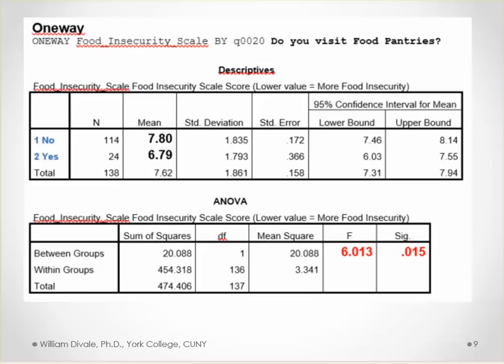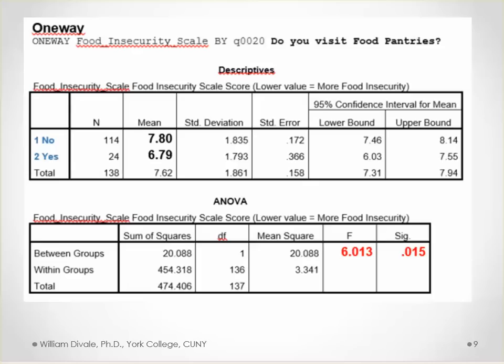Now finally, the last slide in this video is the food insecurity scale with do you visit food pantries where you can get food for free. And if we look in the blue, no, that's 114 people, their average score was 7.8. Those who said yes, there were 24 people. Their average score was 6.79, lower, meaning more food insecurity.